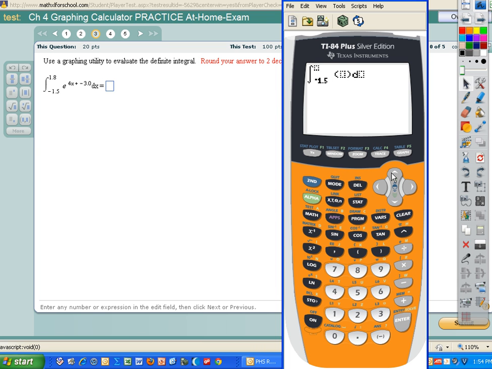I'm going to go second, natural log, and I get e to the 4x minus 3, plus negative 3. So x, and then that's it.